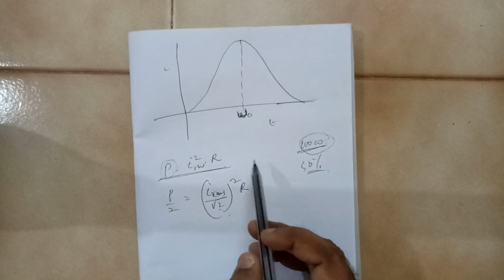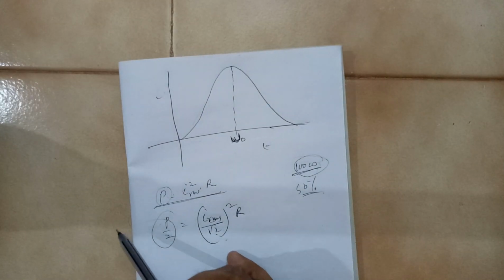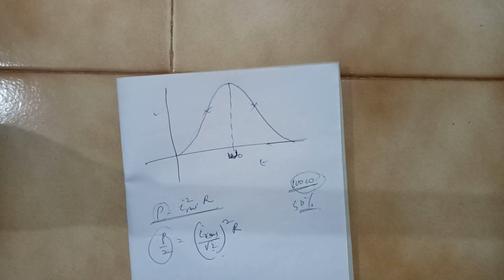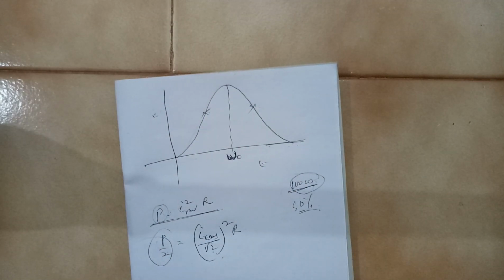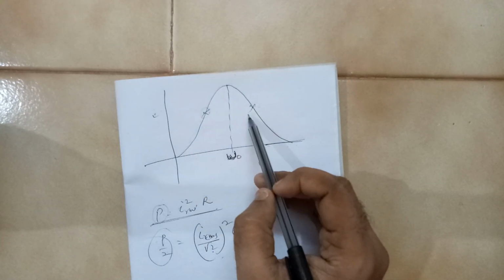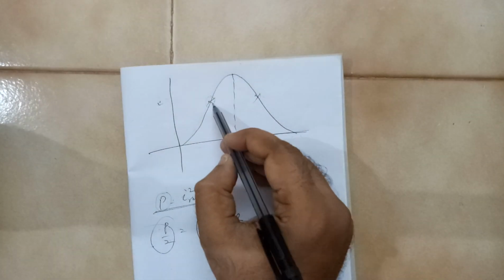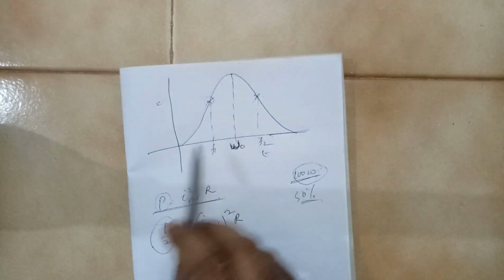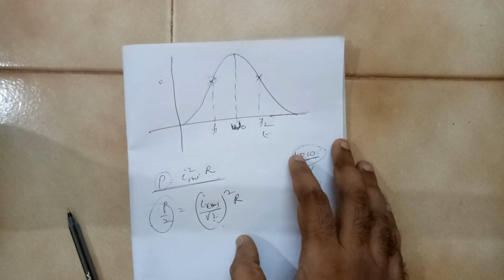That means at two particular values of current, you will be getting half the power output. In the graph you can see it can be this value or this value. Each of these currents occurs at its own frequency. So there will be two frequencies, F1 and F2, at which this current flows in the circuit, because of which half the power output comes out.